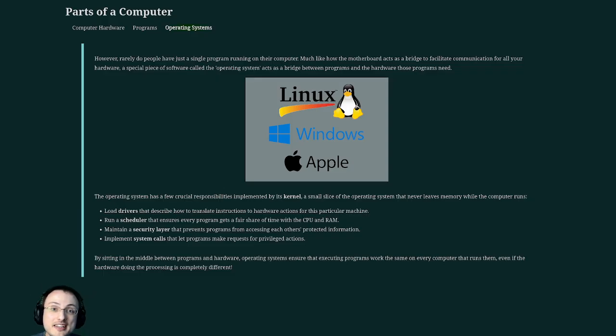So the operating system typically has some way to constrain and restrict access to the hardware. And then it implements some system calls that allow programs to make requests when they want to use that hardware or when they want to do some other privileged action, something that's normally protected.